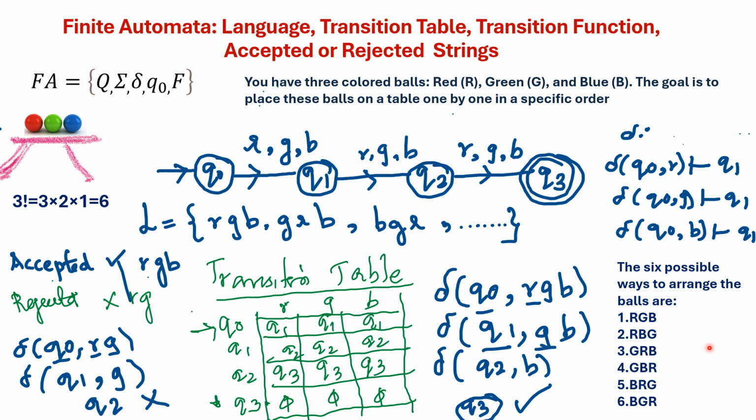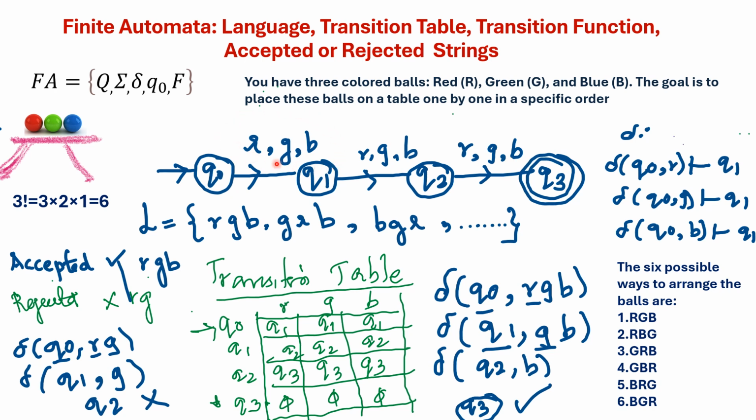For example, suppose you are going to arrange red, green, blue. First it starts with red and goes to Q1 by the transition, then it goes by the input green, and next by the input blue.